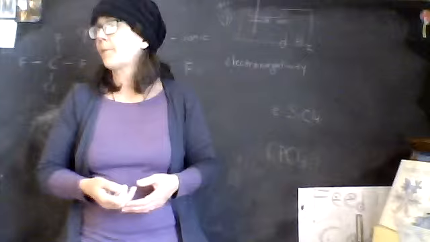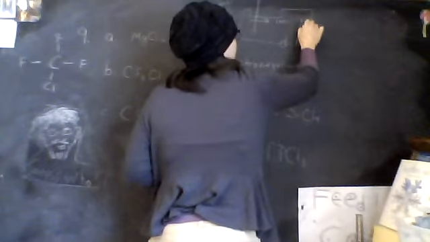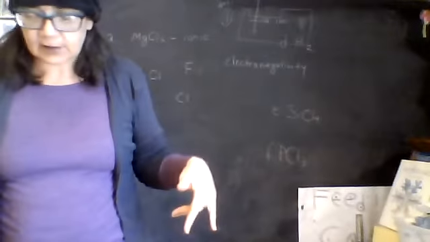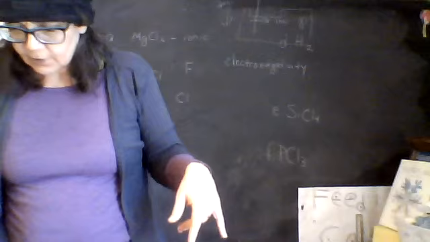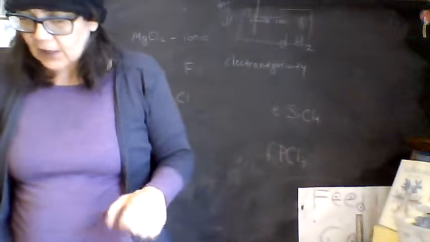Fluorine is above chlorine. As you go down, electronegativity decreases, so fluorine is more electronegative. It pulls on the electrons harder than the chlorine does.